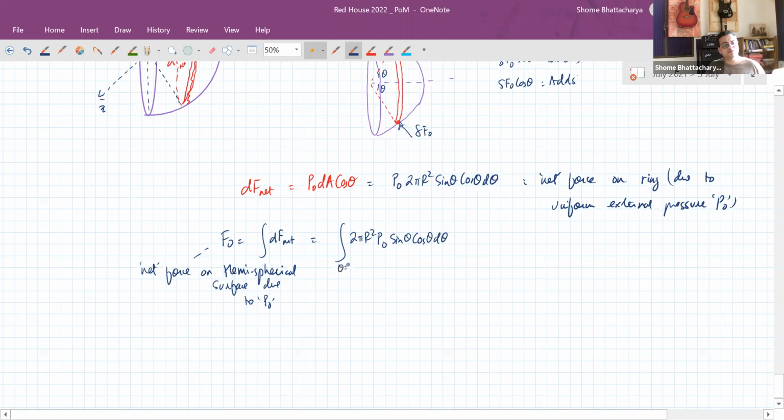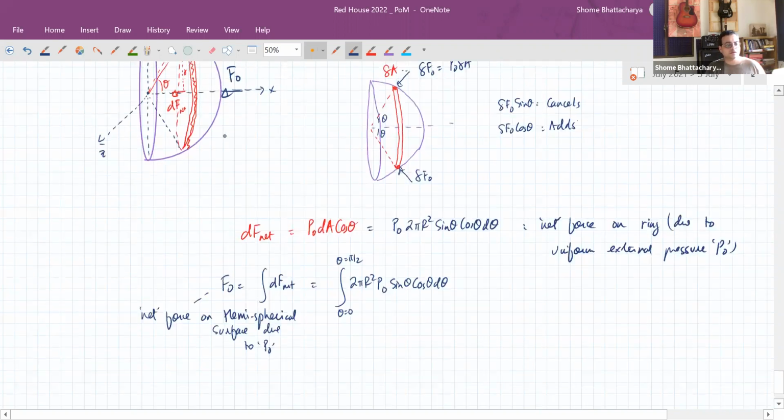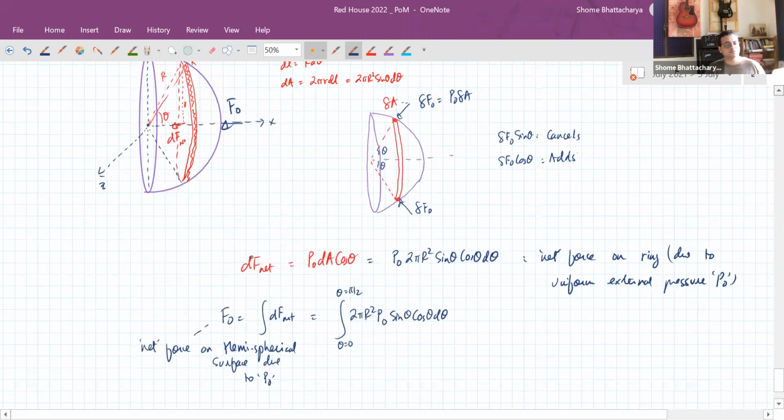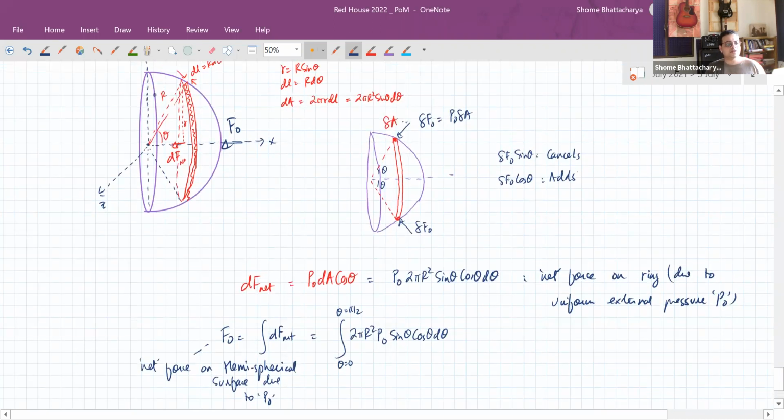So for all the rings of the hemisphere, theta will go from 0 to pi by 2. 0 corresponding to almost a dot like ring over here, and 90 corresponding to the outermost, the one which coincides with the circumference. So we're left with a very simple integration.